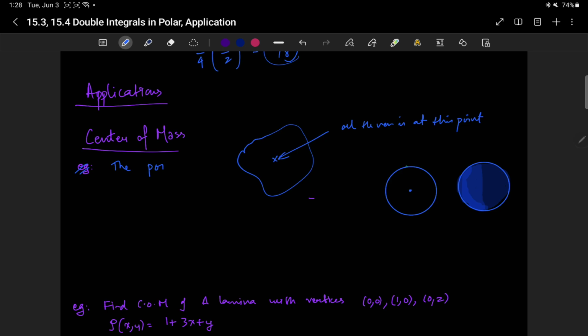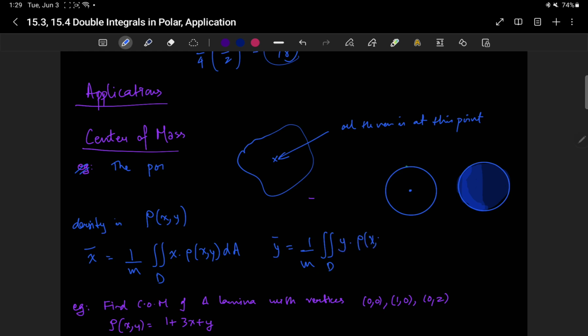So the notation for the center of mass coordinates: if the density is given by rho(x,y), then the x-coordinate of the center of mass, x bar, is given by 1 over m, where m is the mass of the entire object, times the double integral of x times rho(x,y) dA, where rho is the density function. And y bar, the y-coordinate of the center of mass, is given by 1 over m times the double integral of y times rho(x,y) dA, where mass itself is given by the double integral of the density function.